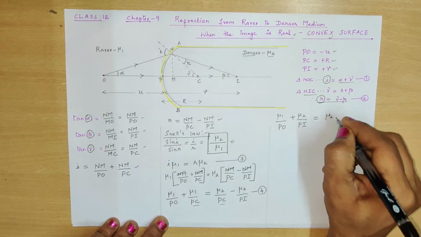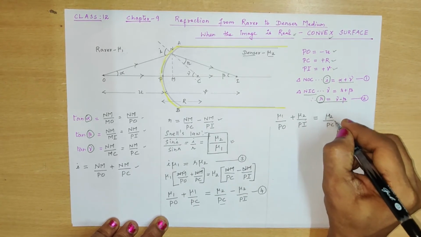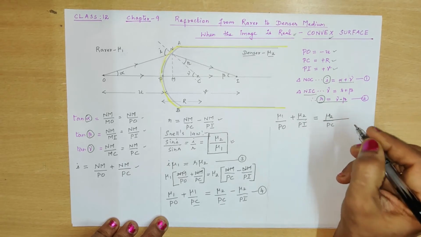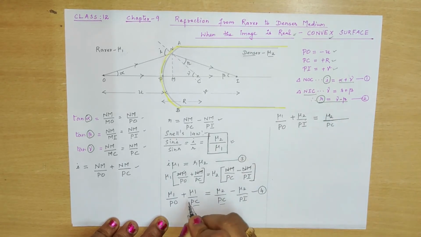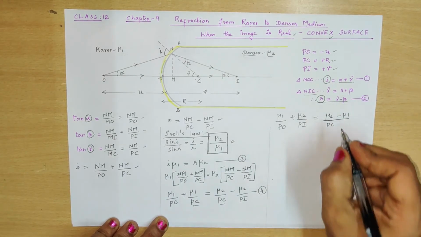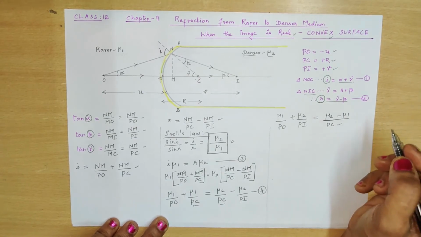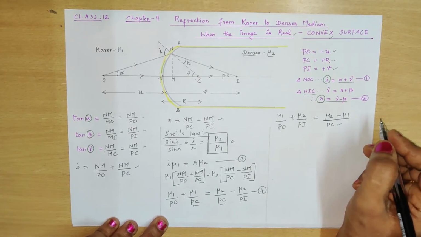Now, mu2 upon Pc, okay, and we can write this also as a common term here, minus mu1 upon Pc, okay, and here also Pc is a common term we have taken. We can substitute and later on also we can rearrange this.